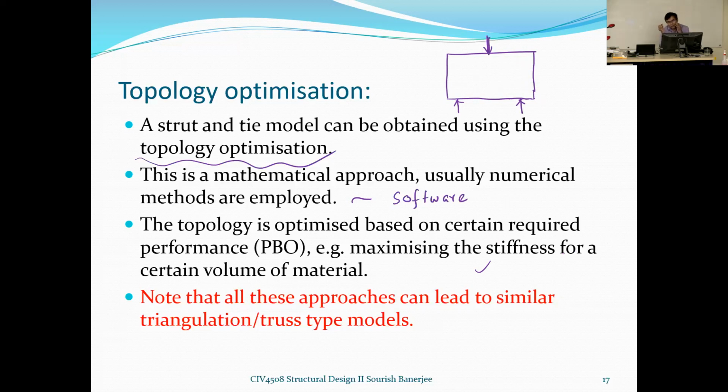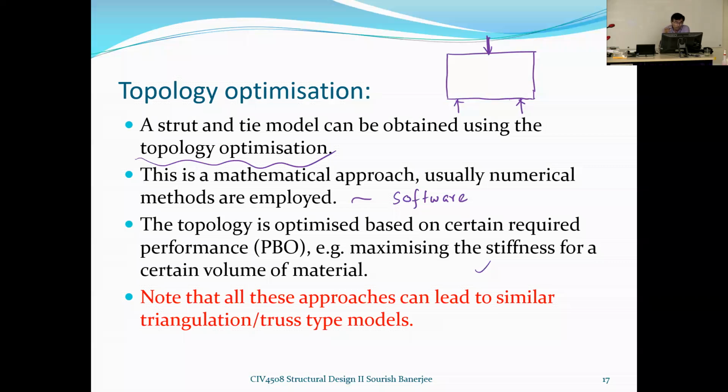Okay, so what we're looking at is, if the beam is subjected to this kind of concentrated load, can you optimize the beam so that it uses the least volume of material, yet is still able to carry the load? So what we are trying to find out is the minimum weight of the beam in this case, for example.